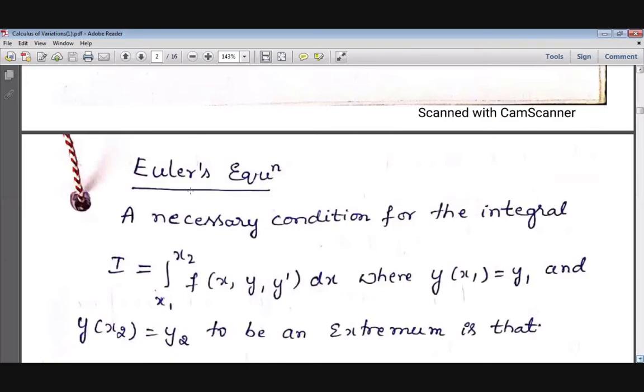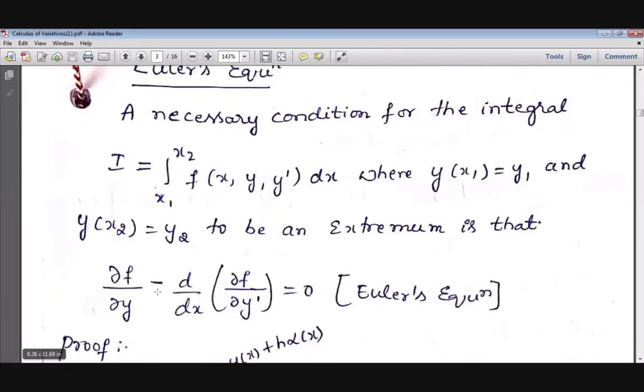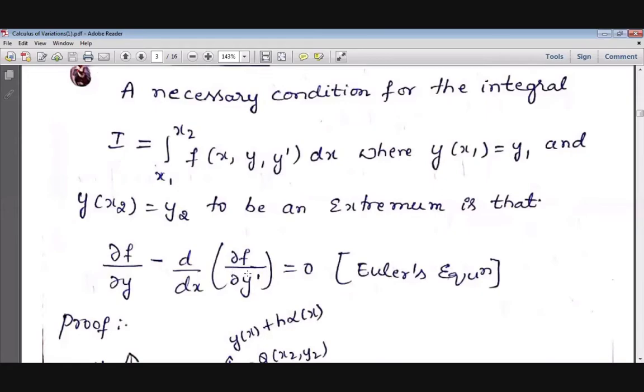So I told what is the condition for Euler's equation. A necessary condition for the integral I equal to integral from x1 to x2 of f of x comma y comma y dash dx, where y of x1 equal to y1 and y of x2 equal to y2, to be an extremum is that dou f by dou y minus d by dx of dou f by dou y dash equal to 0.